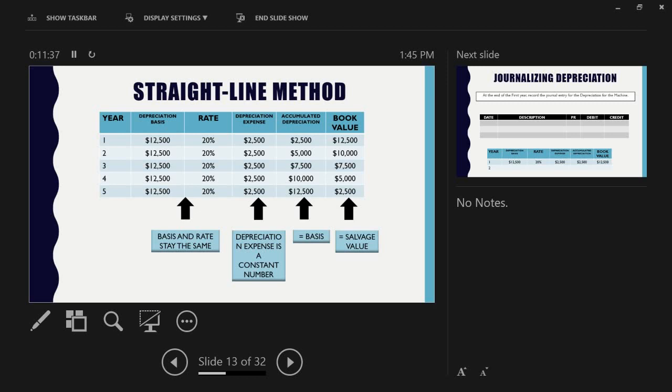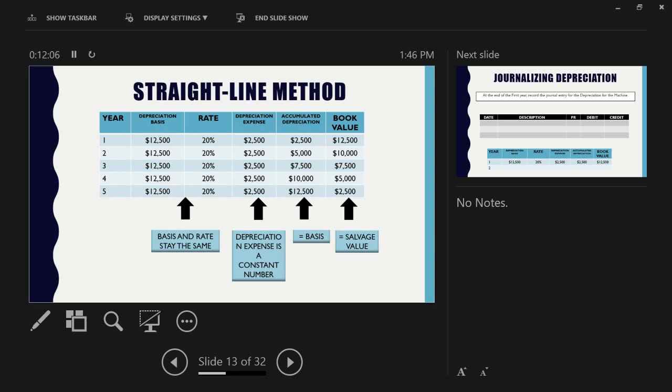So, knowing that if you could solve for the first year, everything's going to fall into place. That is assuming we are depreciating all 12 months. Once we move into partial years, that's where you need to calculate more than once.